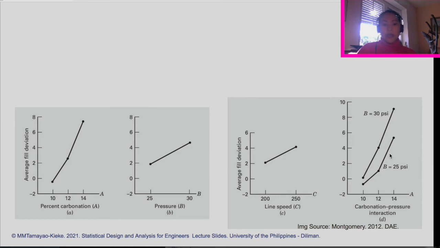That means that higher deviations can be observed at a combination of high levels of carbonation and pressure. Now, this therefore means that to reduce the filling deviation, it is desirable to set the percent carbonation at 10%, pressure at 25 psi, and line speed at 200 bottles per minute.